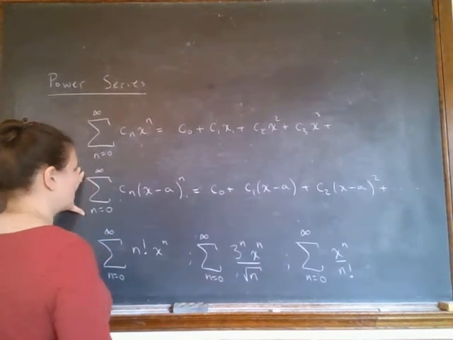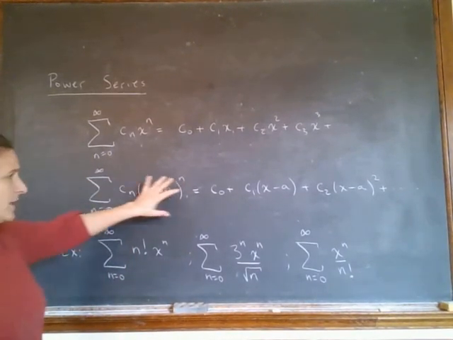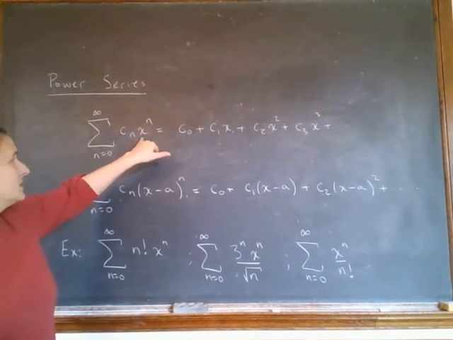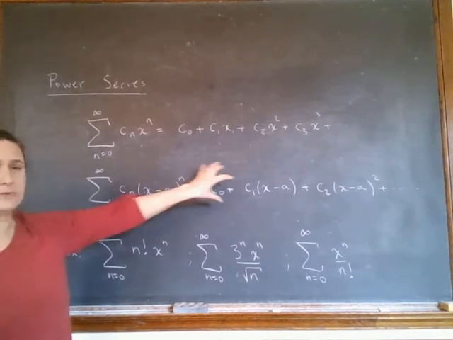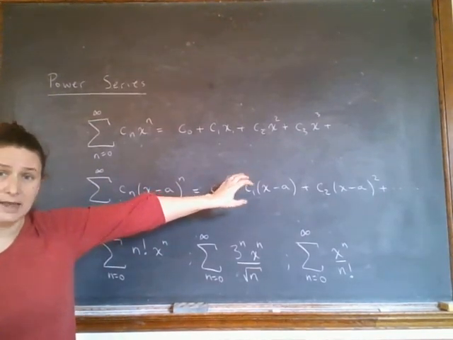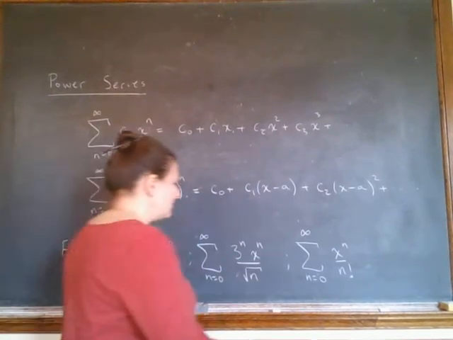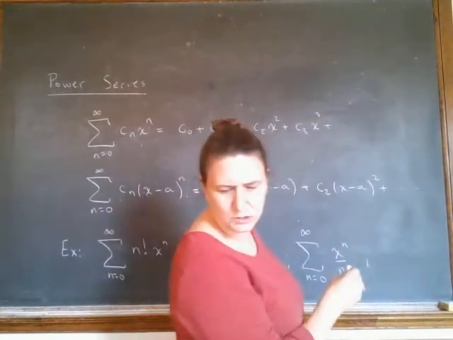We also have this one up here. This is the more general form. This is a power series centered at x equals 0. It's what you get if you put a equals 0 here. This is a power series centered at x equals a. So in practice, for example, let's look at one that we're going to be doing later.